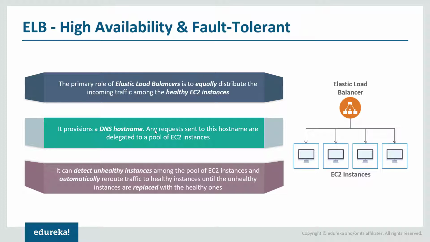The benefit here is that Elastic Load Balancer has its own host name, which you can map to your concerned DNS and then start balancing the traffic. Typically, your Elastic Load Balancer can identify unhealthy instances and terminate them, and it can also trigger healthy instances. That's a benefit of Elastic Load Balancer.